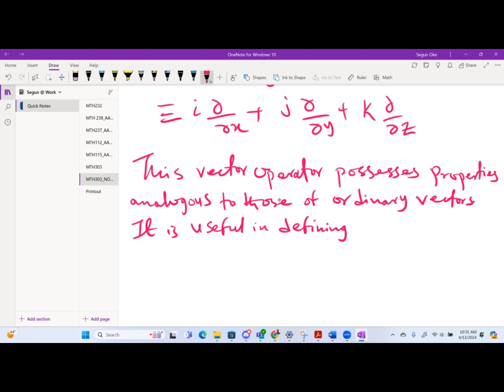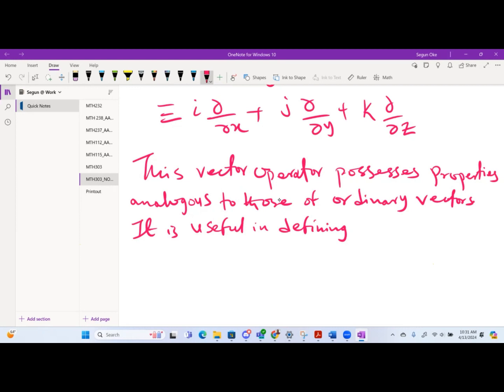What does it mean to say something is analogous? Similar. That's part of synonymous. So similar to those in ordinary vectors. Are you following? Yes, sir.